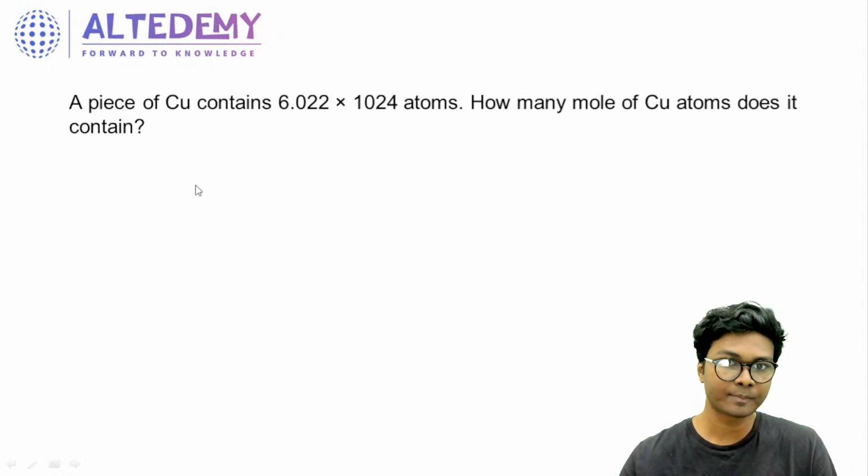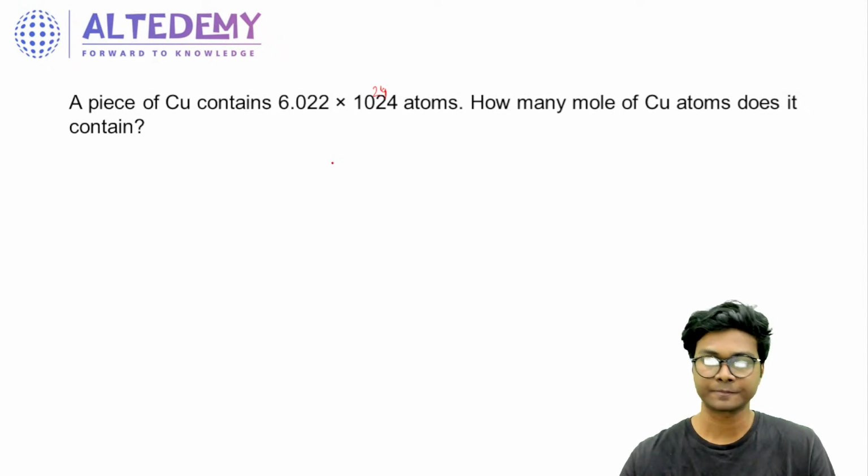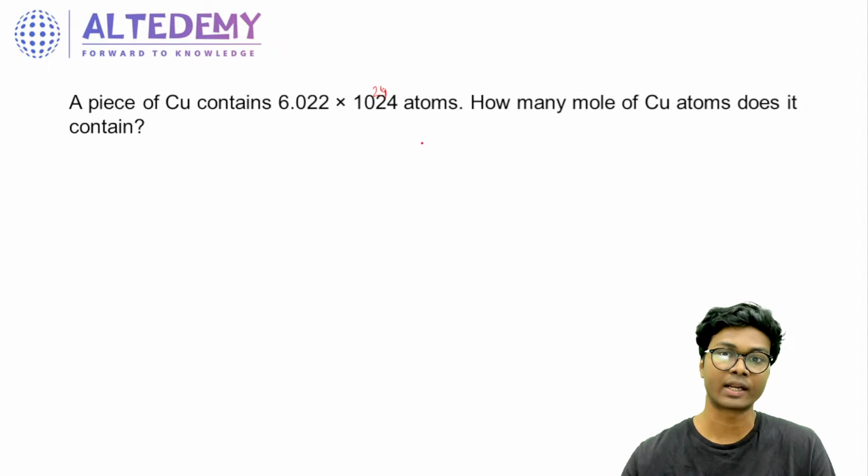The question is, a piece of copper contains 6.022 into 10 to the power, sorry guys, it's 10 to the 24 atoms. How many moles of copper atoms does it contain? So we are being asked the number of moles and the number of particles is given.